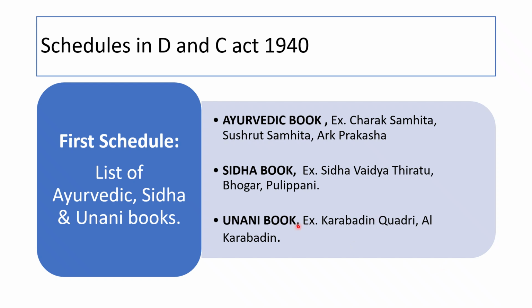Drug and Cosmetic Act में जो schedules है उसमें आता है first schedule. So first schedule includes the books of Ayurveda, Siddha and Unani.